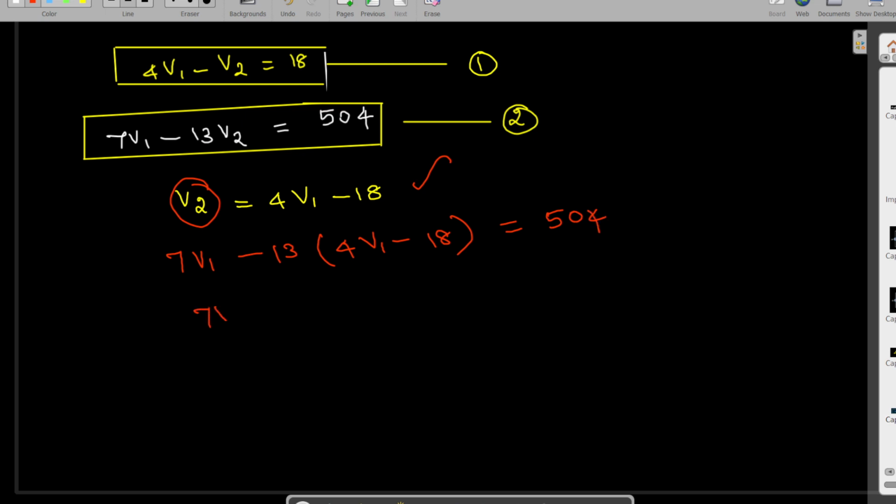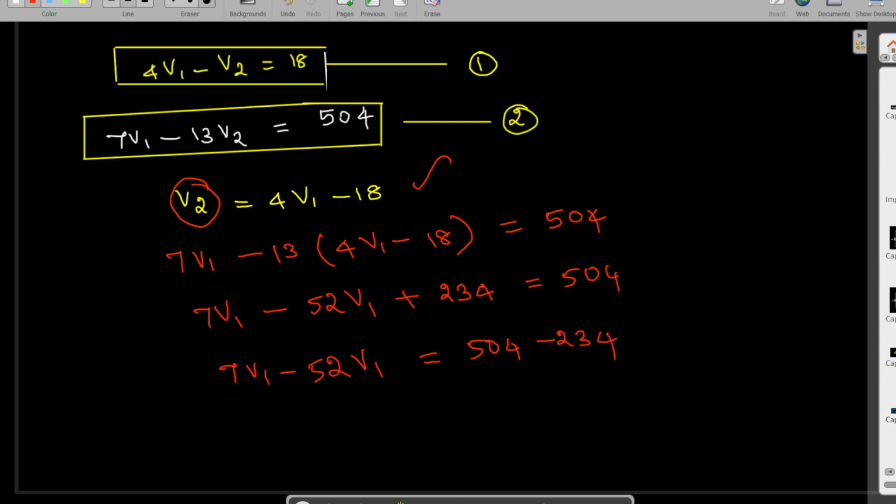So it is 7V1 minus 52V1 plus 234 is equal to 504. So 7V1 minus 52V1 is equal to 504 minus 234, which is 270.